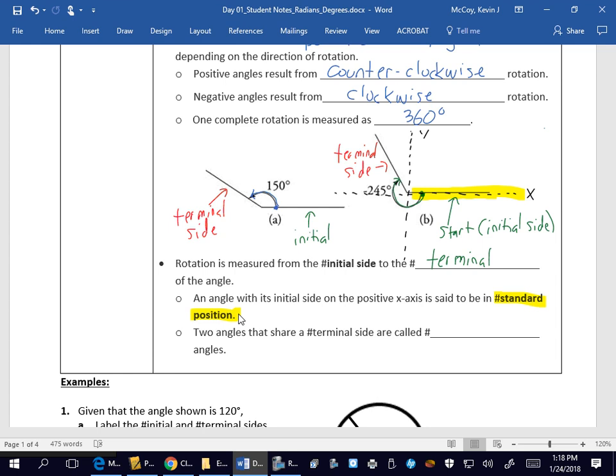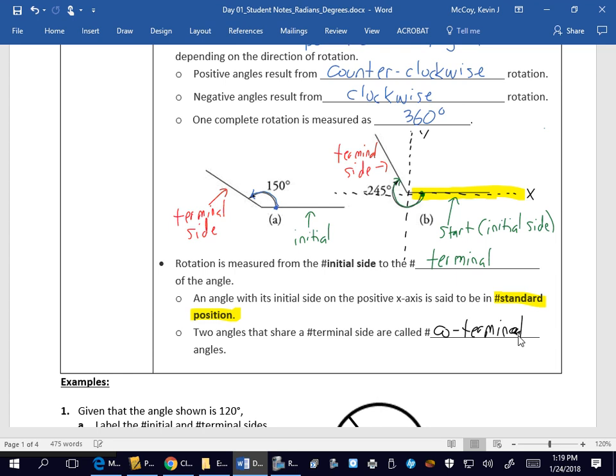Two angles which happen to share a terminal side are called coterminal angles. Coterminal: co meaning both at the same time, and terminal meaning that they're going to end at the same place. So again, what does that mean? Let me use the letter A here to show you.